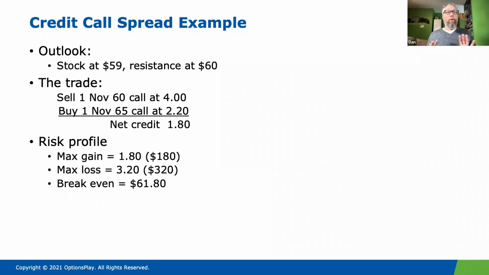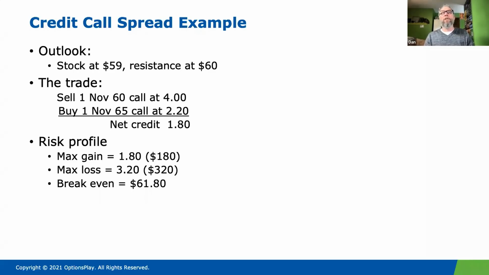Well, here's one thing we could do. We could sell, I have November here on the slide as the example. But remember, whatever month you're watching this recording, we typically don't want to go beyond 2 months until expiration. So in this case, we would sell the November 60 call at $4, and at the same time buy one of the November 65 calls at $2.20.